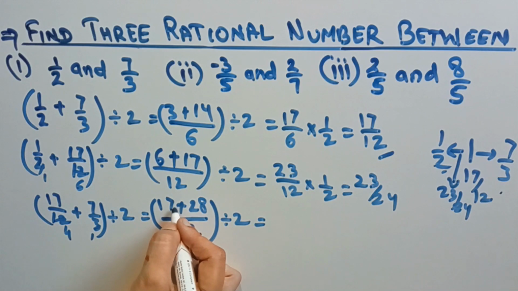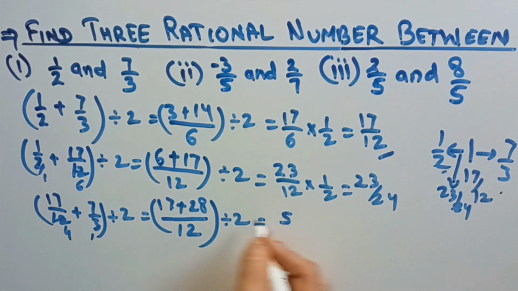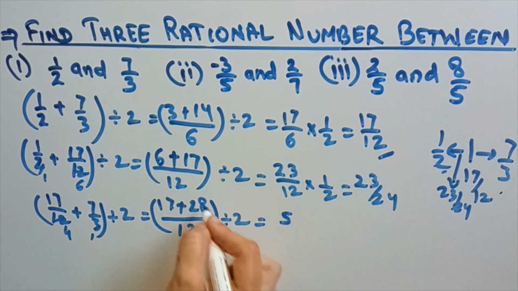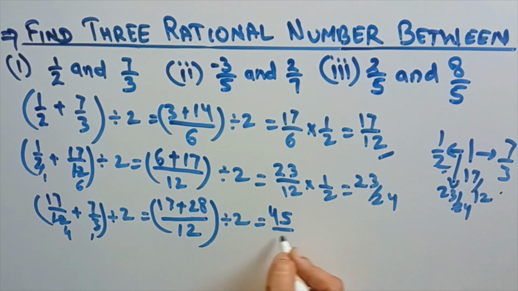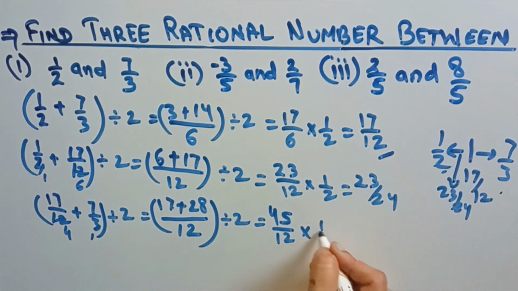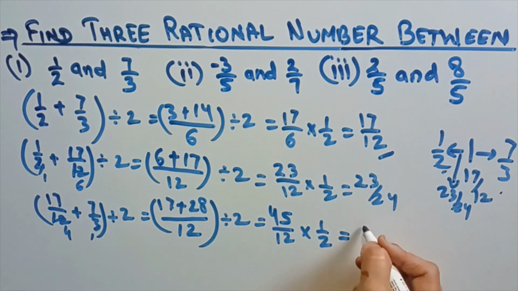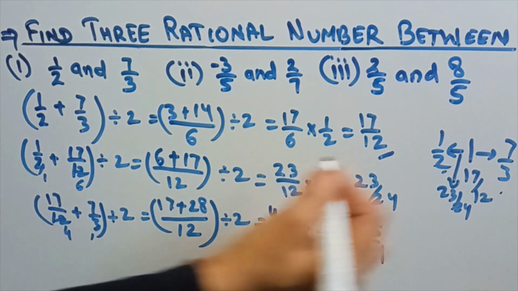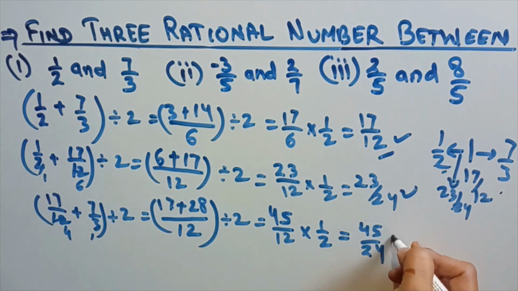Now add, 45. So this is 45 by 12 into 1 by 2. So 45 divided by 24. This is the third one. So we have found, this is the first one, second and third.